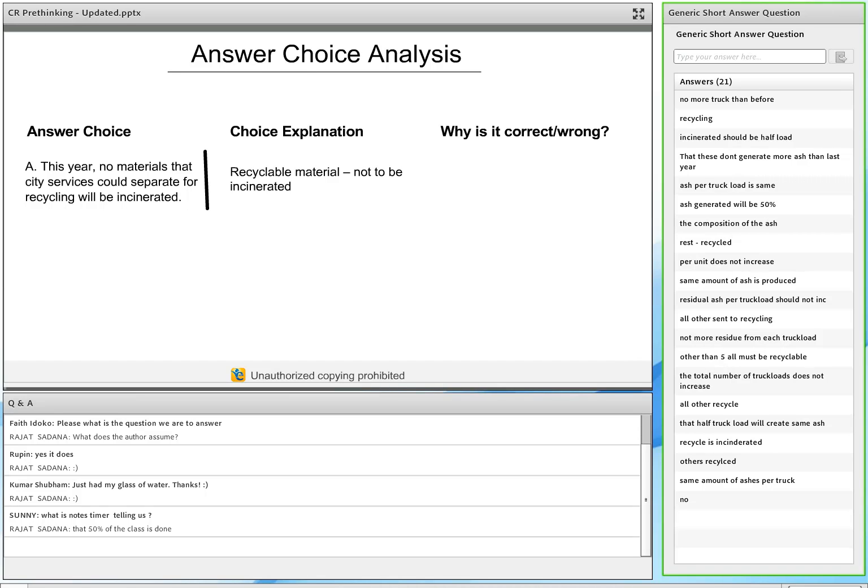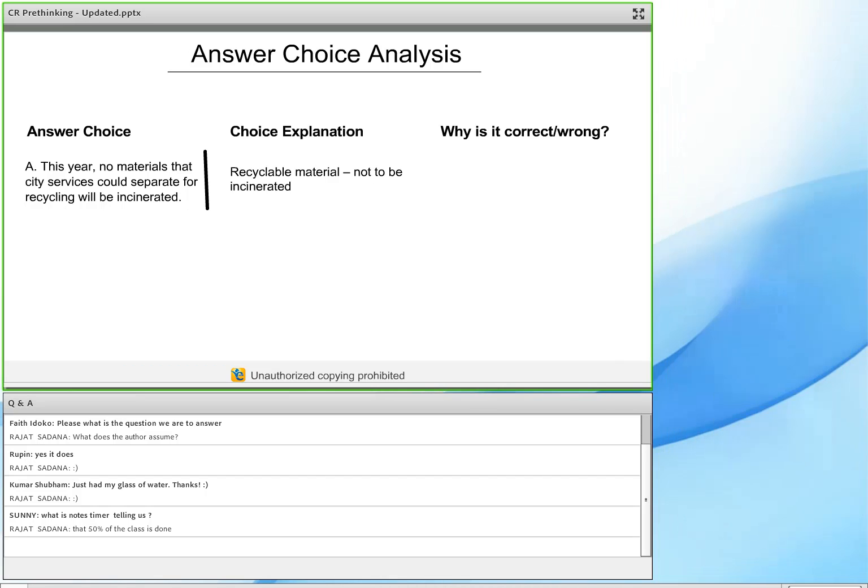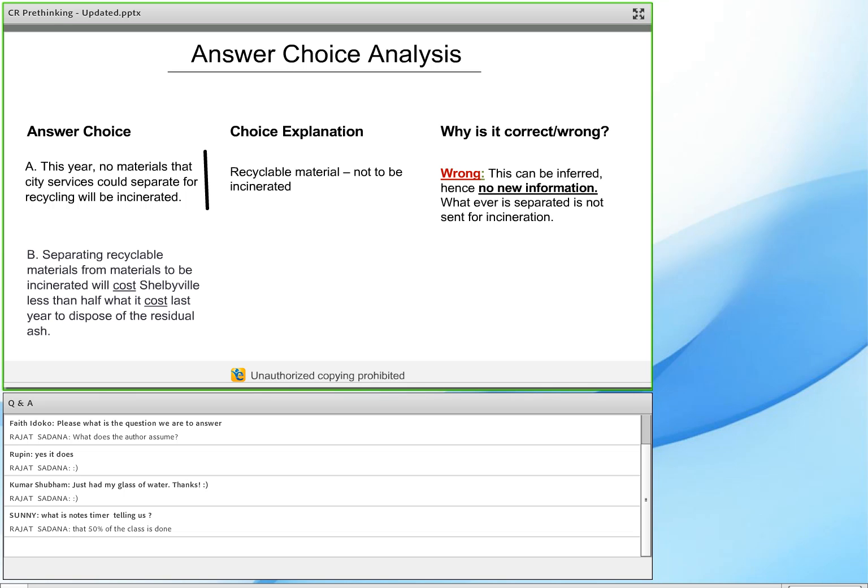Choice A says this year no materials that city services separate for recycling will be incinerated. Yes, it's a must-be-true condition, but you can already infer that, so it does not provide any new information. You can infer from the argument that whatever is separated for recycling will not be sent for incineration.